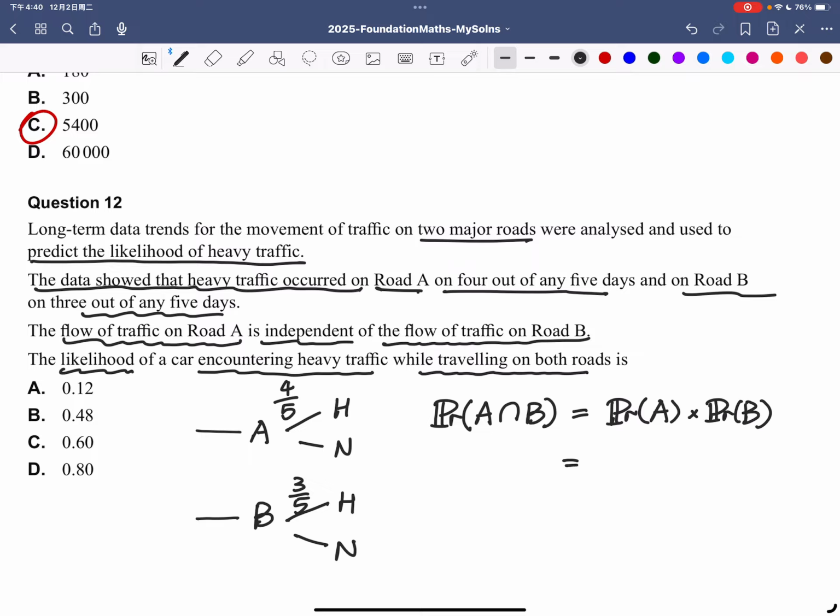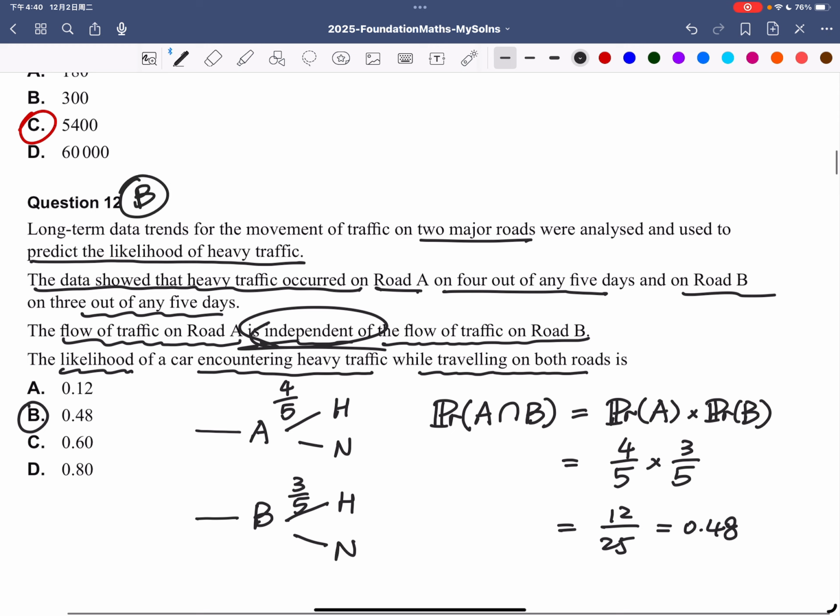Therefore, probability of heavy traffic on Road A is 4 out of 5 times probability of heavy traffic on Road B, which gives 12 out of 25, which is 0.48. Notice the word independent here means you need to multiply these two probabilities. So that's option B.